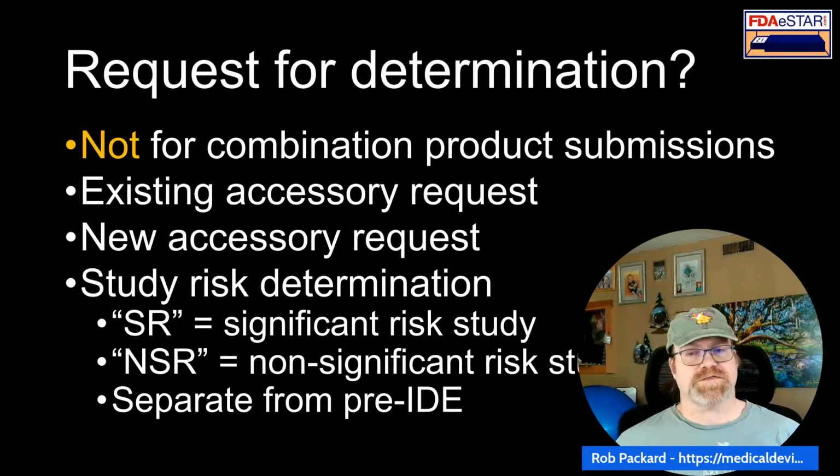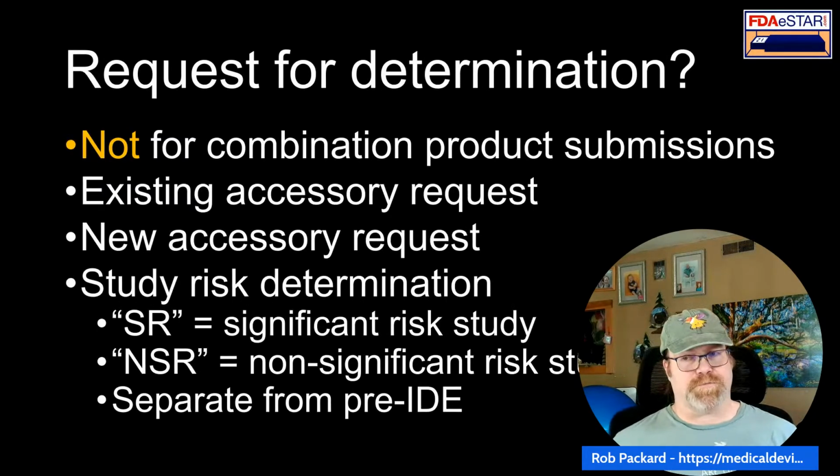And there are others that are non-significant risk studies that do not require FDA approval. They only require an IRB approval, or Institutional Review Board approval. And in those cases, the NSR studies, you can get them started much sooner. There are fewer hoops to go through.